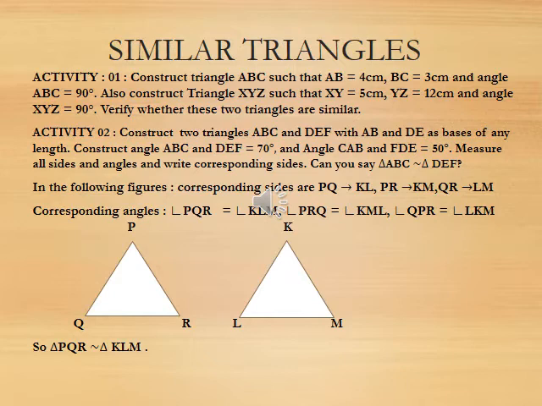Two figures are given to you, triangle PQR and triangle KLM. Observe angle PQR equal to KLM, angle PRQ equal to KML, angle QPR equal to LKM. Then I can say these two triangles are similar. Triangle PQR is similar to triangle KLM, or PQ by KL should be equal to PR by KM, or equal to QR by LM. Then also we can say they are similar.